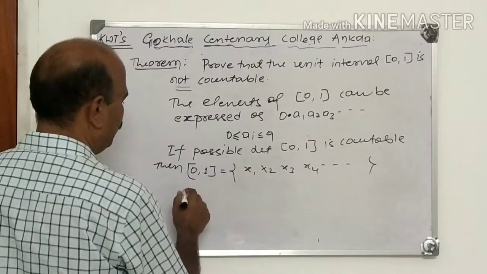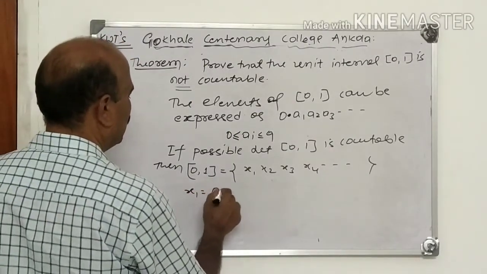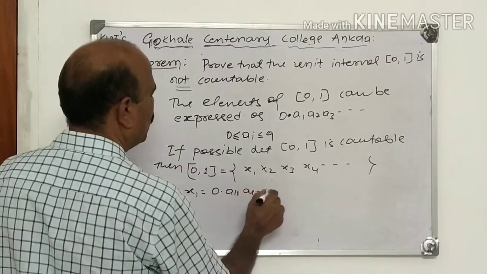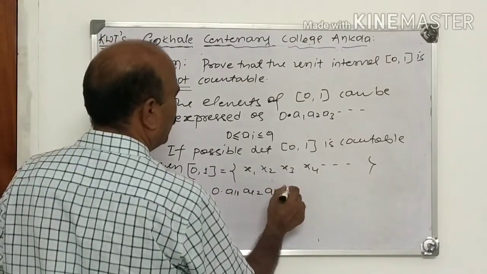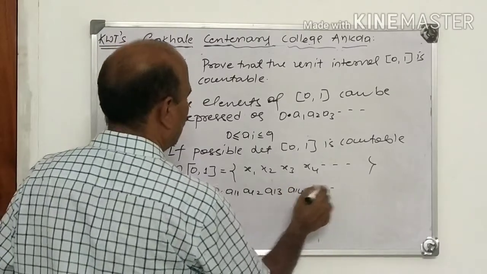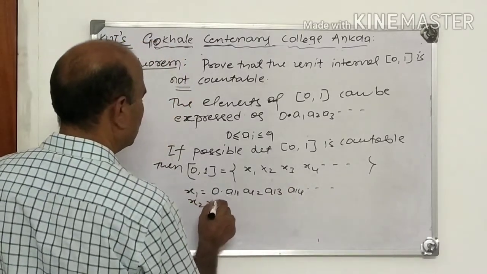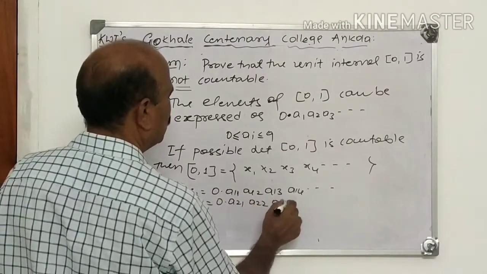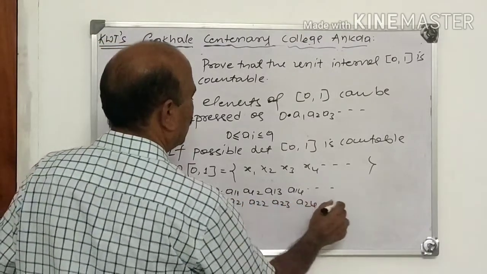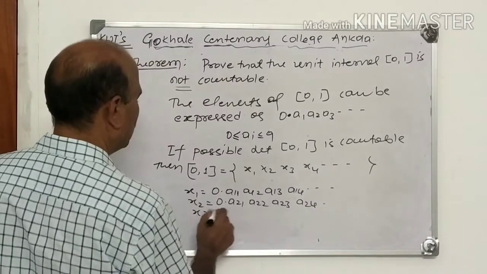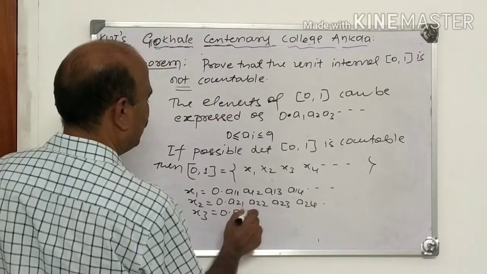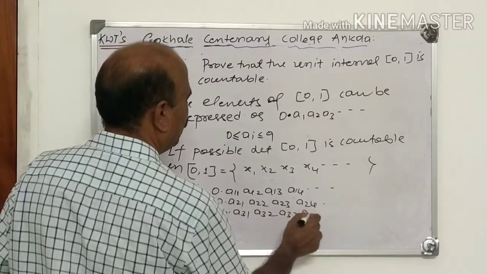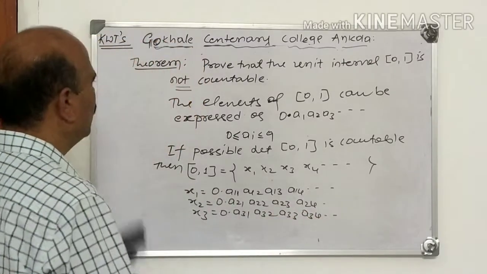What is x1? I write x1 as point a11, a12, a13, a14, and so on. x2 is point a21, a22, a23, a24 and so on. x3 is point a31, a32, a33, a34 and so on.